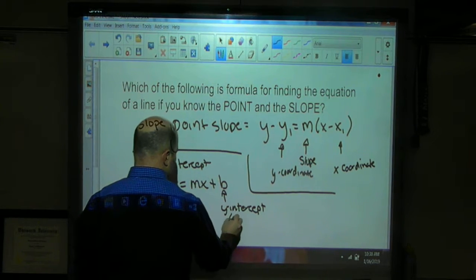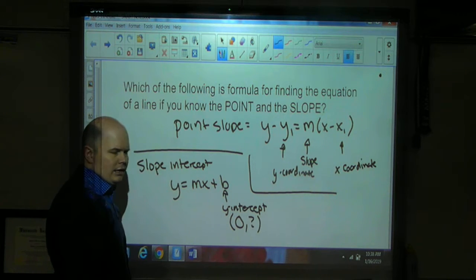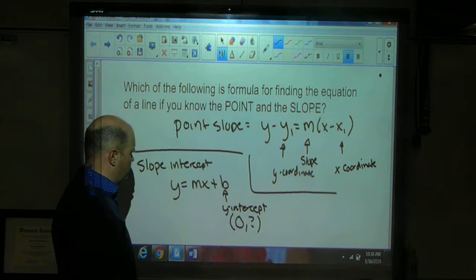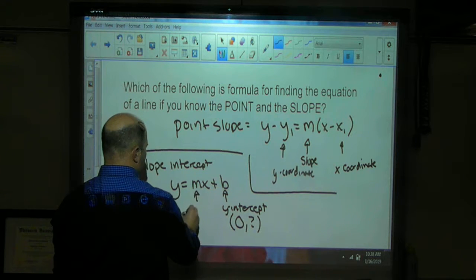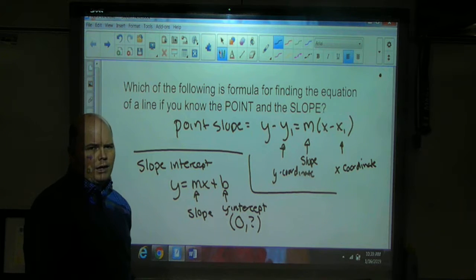Y-intercept, and that's basically just the point when x equals 0. It's where it crosses the y-axis, so it's the y value when x equals 0. And this, of course, is your slope. And those are the main pieces you have for that equation.